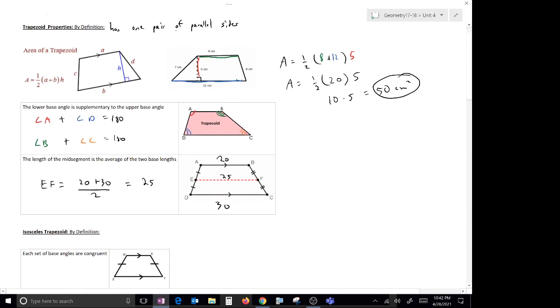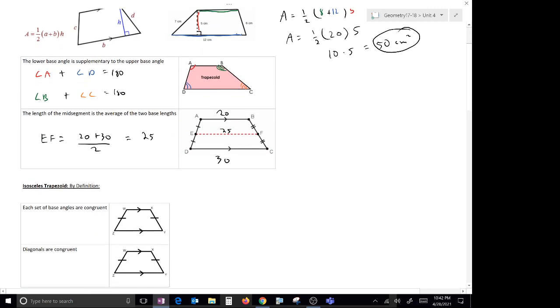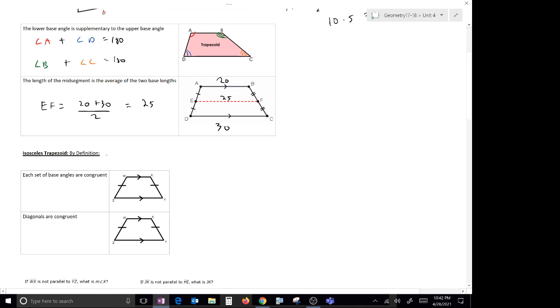We have a special kind of trapezoid known as an isosceles trapezoid, which is a trapezoid with one pair of congruent sides. Let's rewrite that.